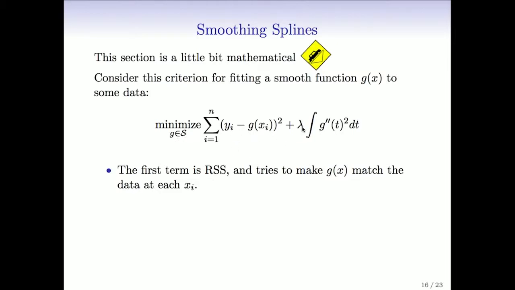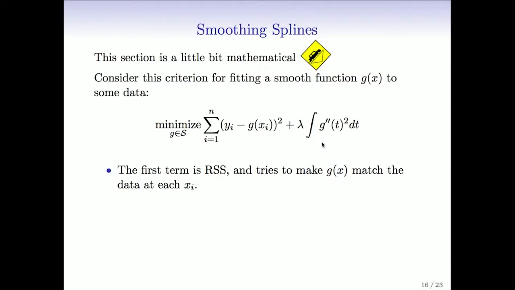Now, if we didn't have the second term, we'd just pick any crazy interpolating function that visited every y exactly. So what the second term does is constrain the functions over which we search to be smooth. This is a somewhat complex penalty, but what it is, is the second derivative of the function squared, integrated over the whole domain.